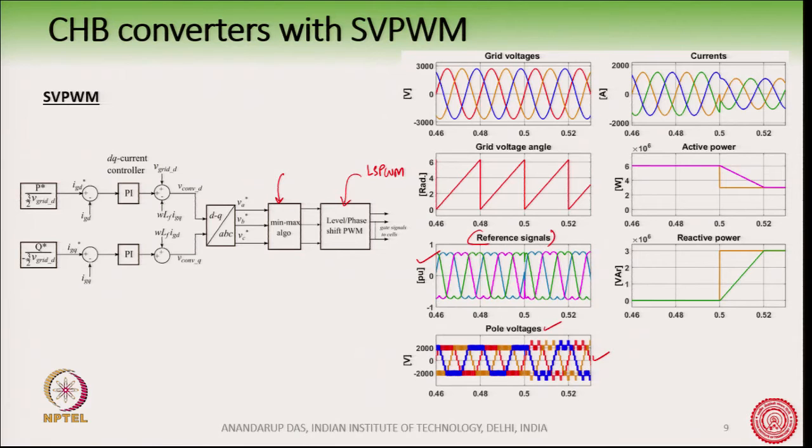The pole voltage waveform changes because P and Q have been changed. So, the modulation index has changed.